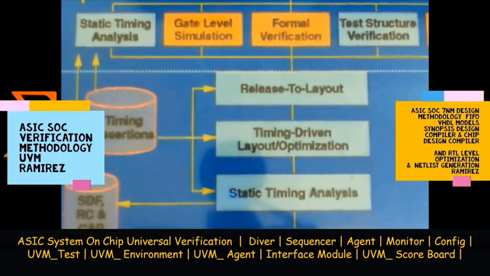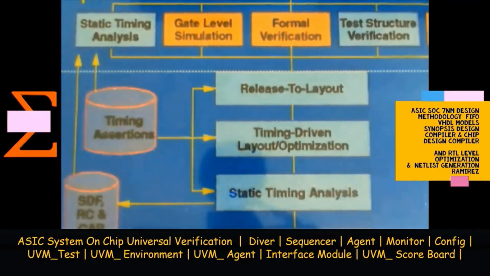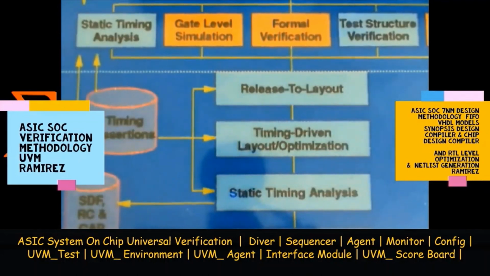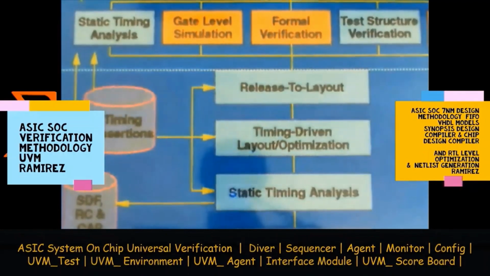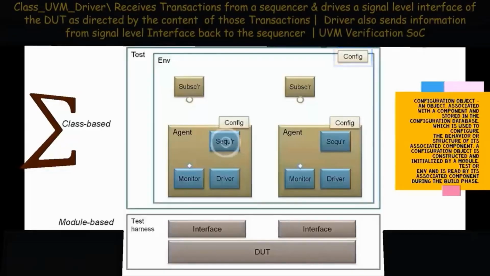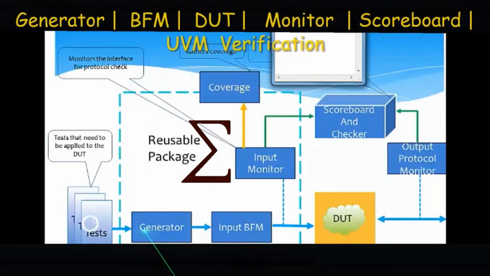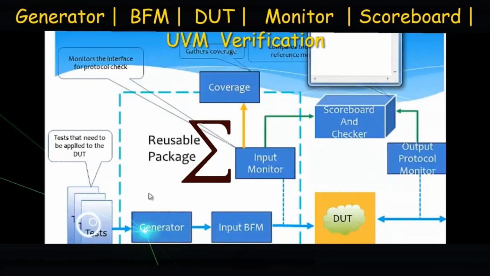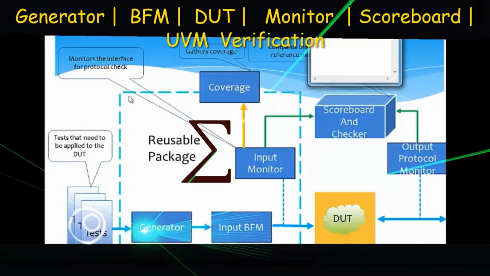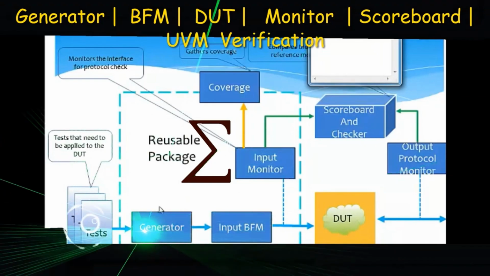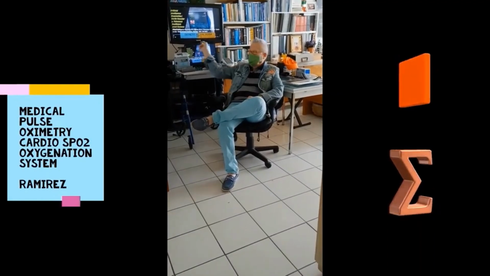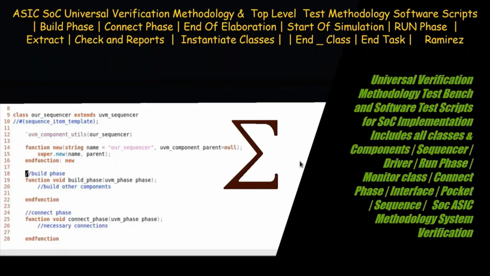Now I will talk about the test plan creation in the universal verification methodology. The tests are applied to the DUT and fed to the signal generator to generate the input to the bus functional model, that is the BFM, in order to drive it to the DUT, the device under test.